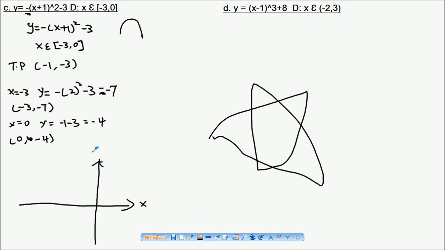Okay, y, and the starting point is minus 3. See here, minus 3, minus 7, somewhere there. And the ending point is 0 and minus 4, which is also your y-intercept.